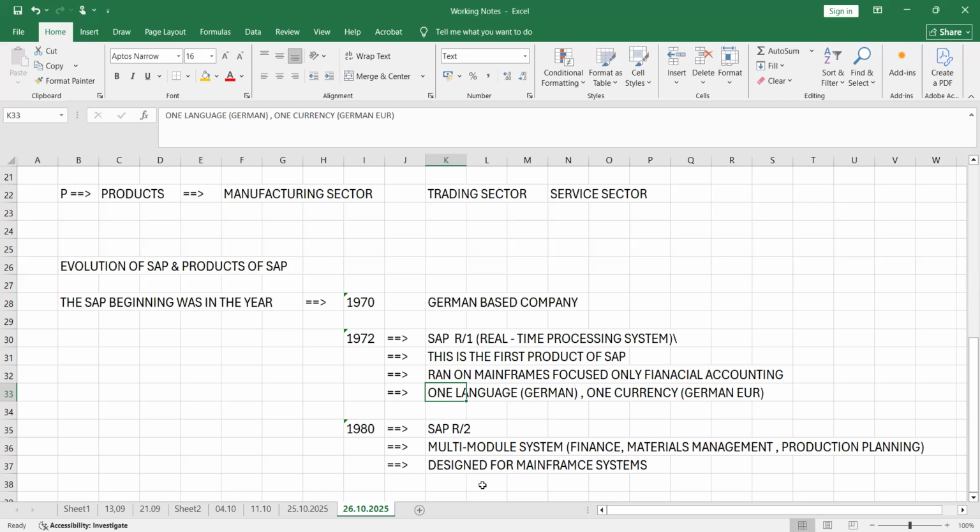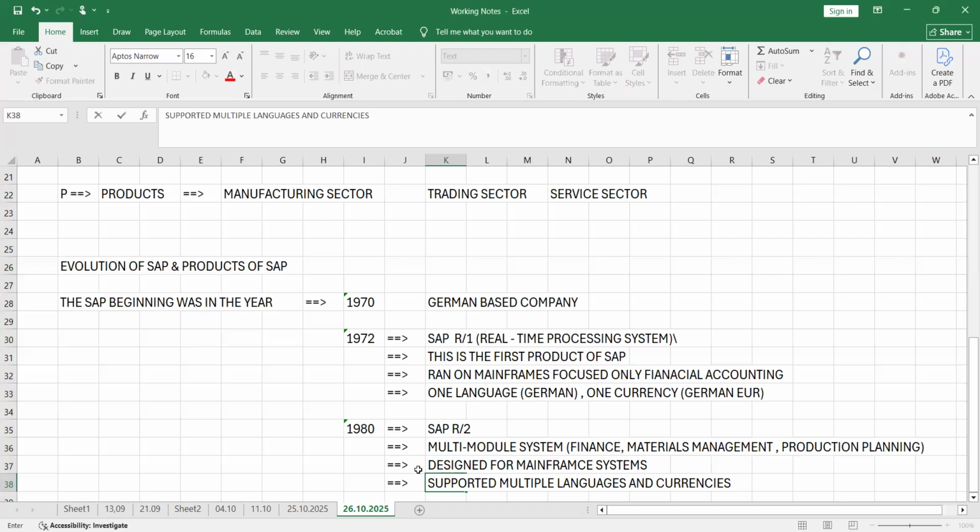But in the second product of SAP, R2, it supported multiple languages. This is a revolution, I can say. Multiple languages and multiple currencies.